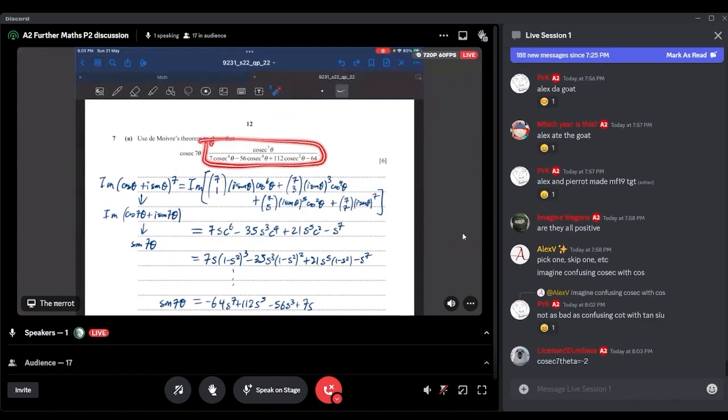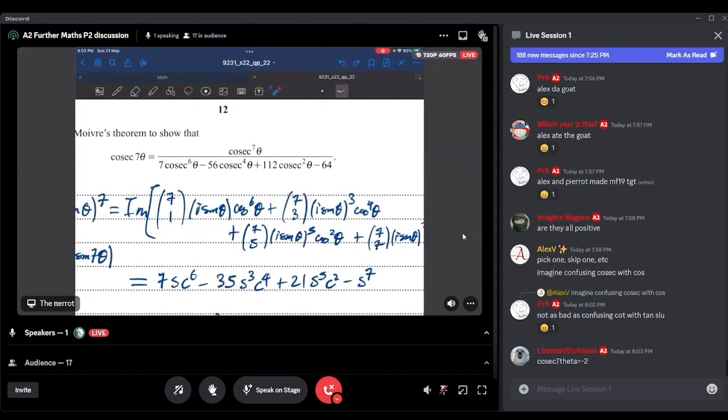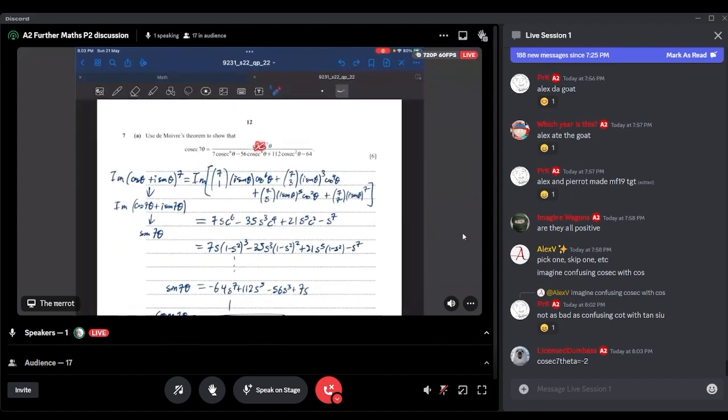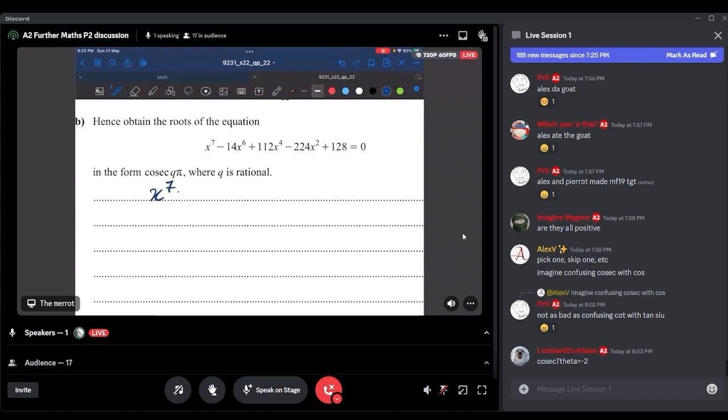Okay, so how do you do that? If we imagine that x is cosecant theta, then we're going to have x power 7 all over this expression. So let's transfer everything here to the other side: x power 7 is 14 x power 6 minus 112 x power 4 plus 224 x squared minus 128.